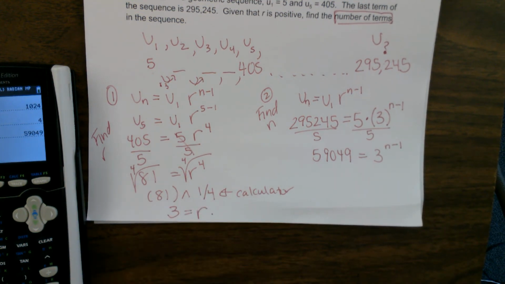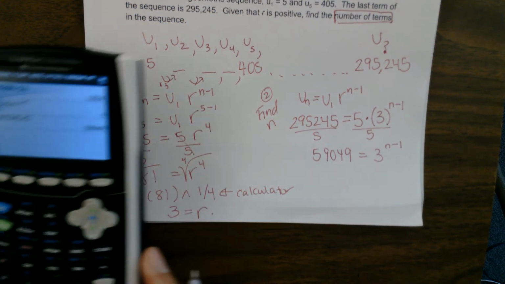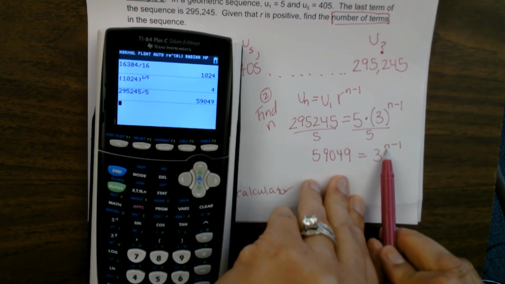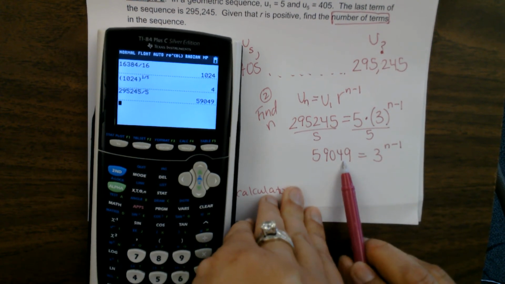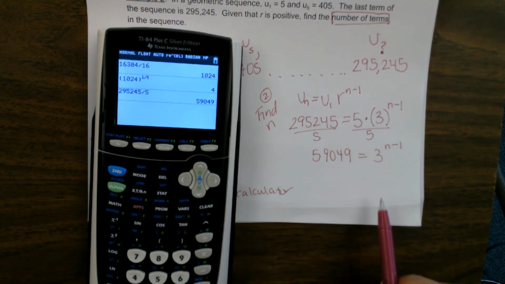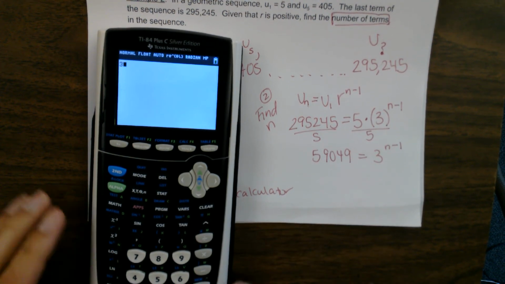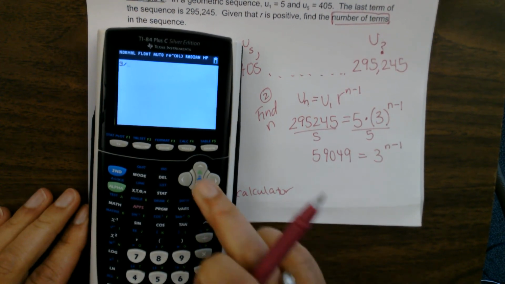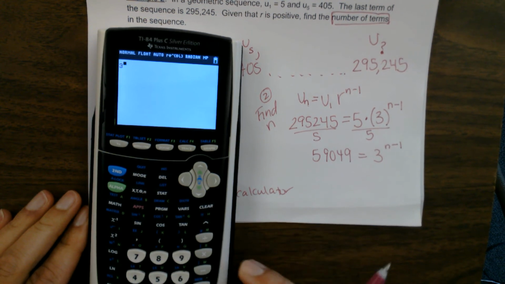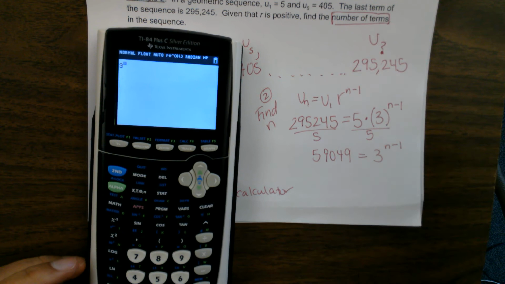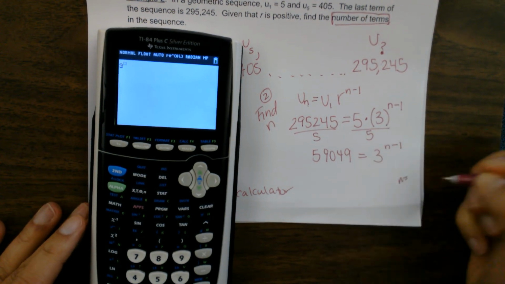Here is the challenge. You can guess and check here. What do I mean by guess and check? We need to find n. What number can I put in for n that will give us 59,049? You can guess and check. So you can say, all right, let's try this. 3, exponent button. And then you can see, let's try n is 8.